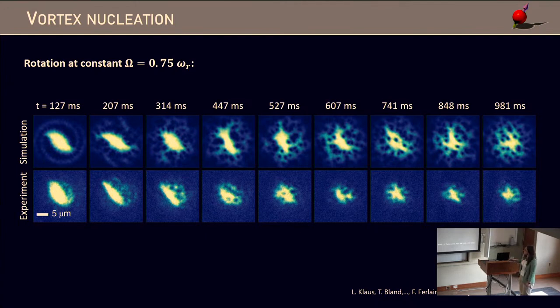First there's this spiral, and then you can see that there are vortices, and vortices enter, and the same you can see here. Here there's the spiral, then you start to see these holes, and these holes go basically inside the system. In the experiment, we have atom losses during the rotation, and so that's why the size of the cloud is smaller, in particular at the end, compared to the one of the simulation.